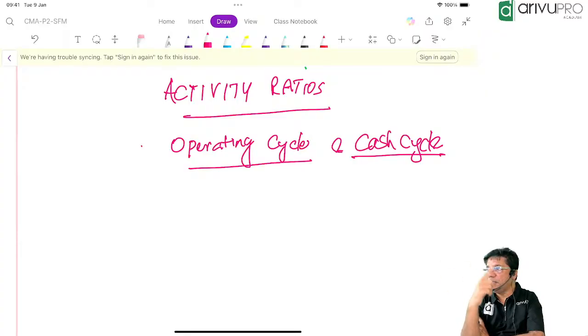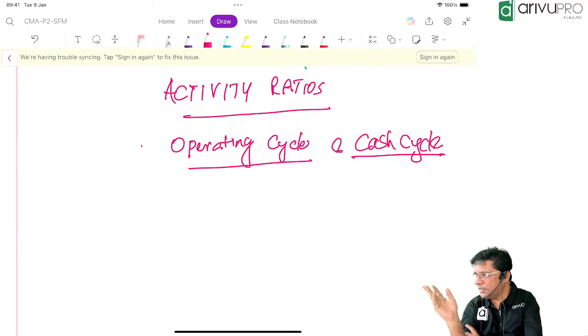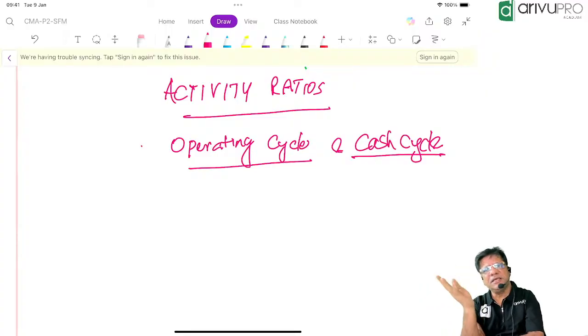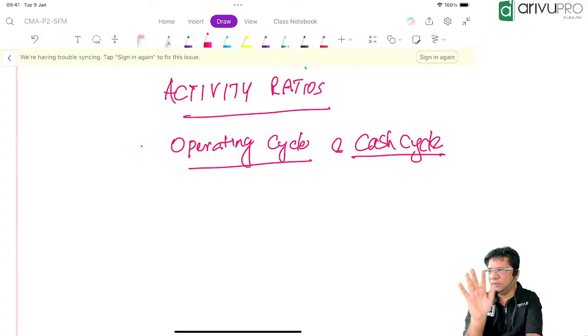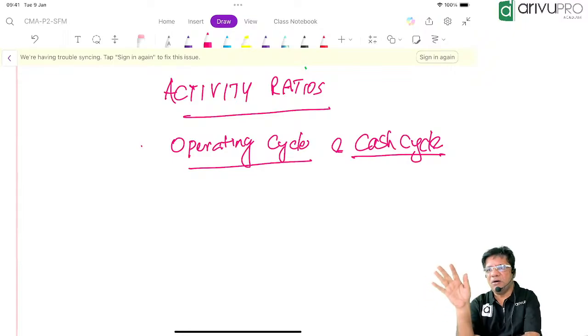So that whole process is called the operating cycle. This operating cycle can be within 12 months or more than 12 months, but generally it is the operating cycle or 12 months, whichever is longer. Generally in many industries, the operating cycle will be longer.